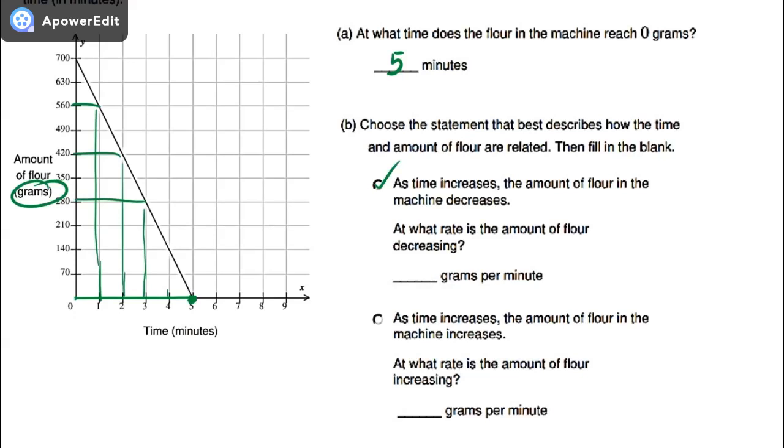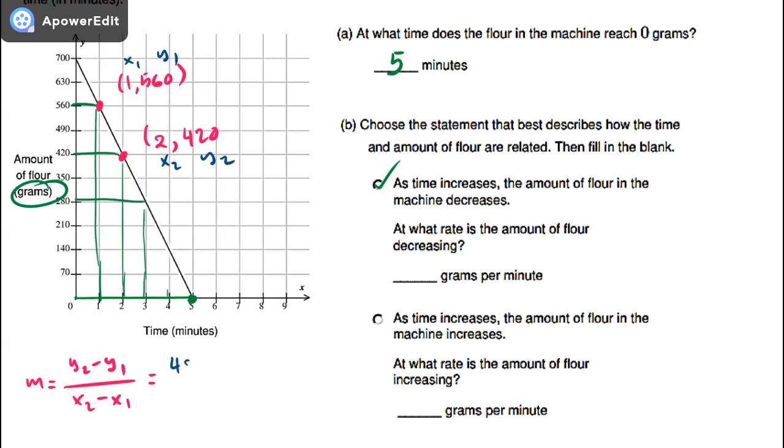At what rate is the amount of flour decreasing? To find that, we're going to find the slope. You can pick any 2 points. Let's say I choose this one, that will be my (1, 560). And the second point is right here, (2, 420). To find slope, you do y2 minus y1 over x2 minus x1. So this is x1, y1, this is x2, y2.